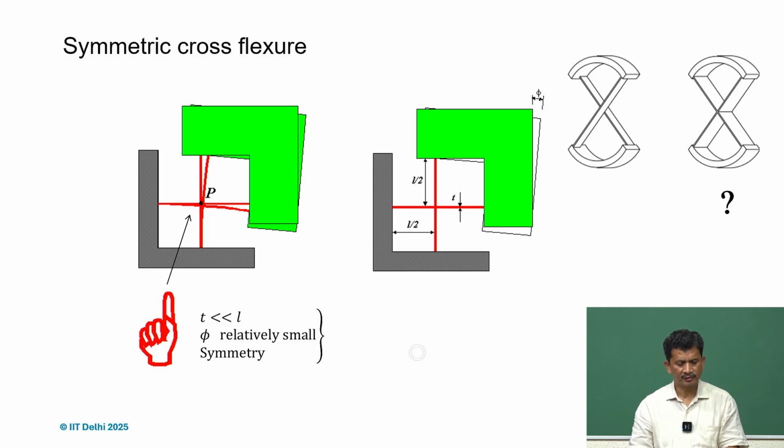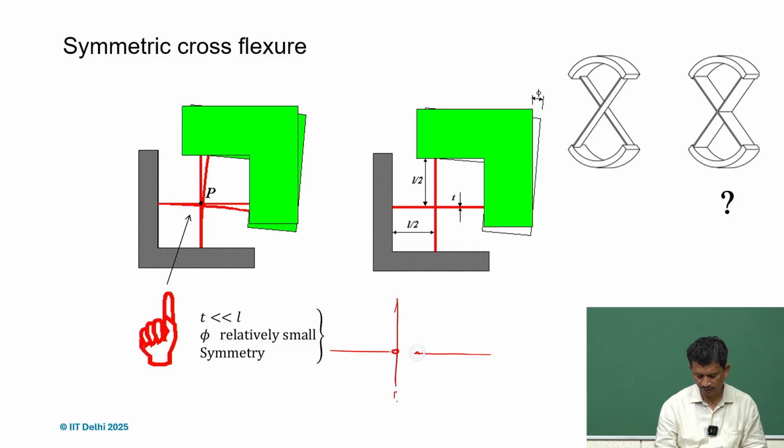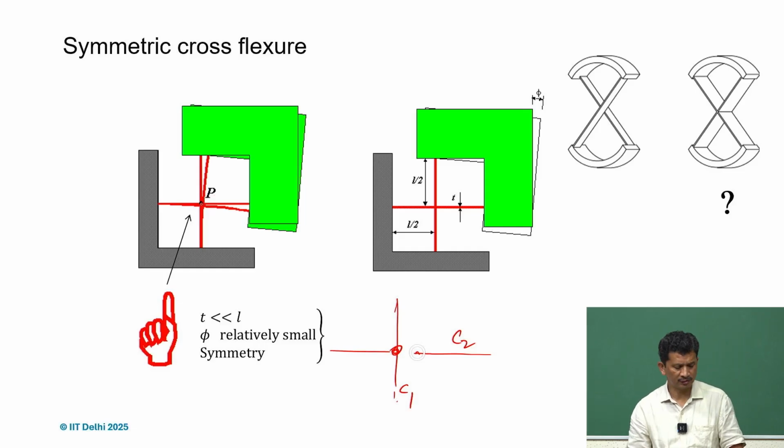But what happens if we let them cross? If we let them cross and follow the same principle, with two constraints C1 and C2, this point will give you the instantaneous axis of rotation, that is point P. For very small rotation, yes, that's fine.